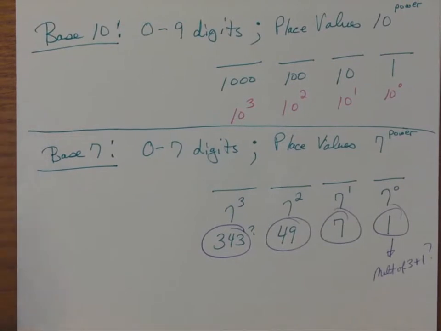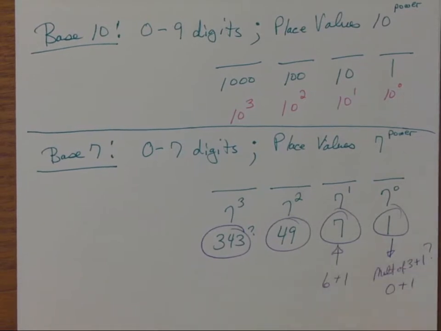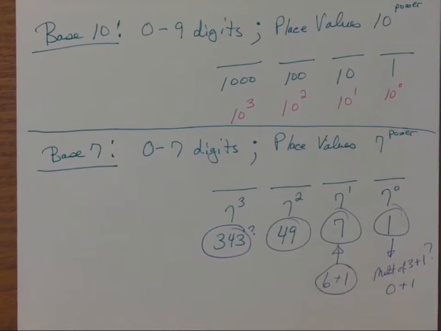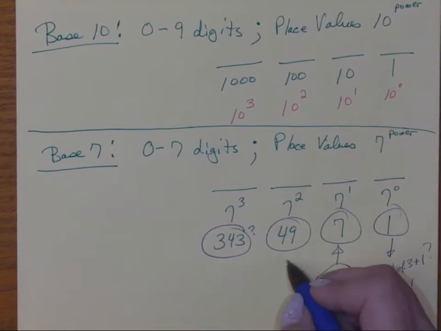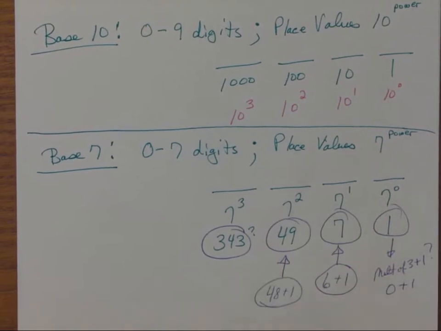If it is a multiple of 3 plus a 1, then it works the same as it does in base 10. So 1 is 0 plus 1, so I think that's okay. 7 is 6 plus 1. So I need to ask myself, is 6 a multiple of 3? Yeah. So you keep going, that's 48 plus 1, and keep on going.